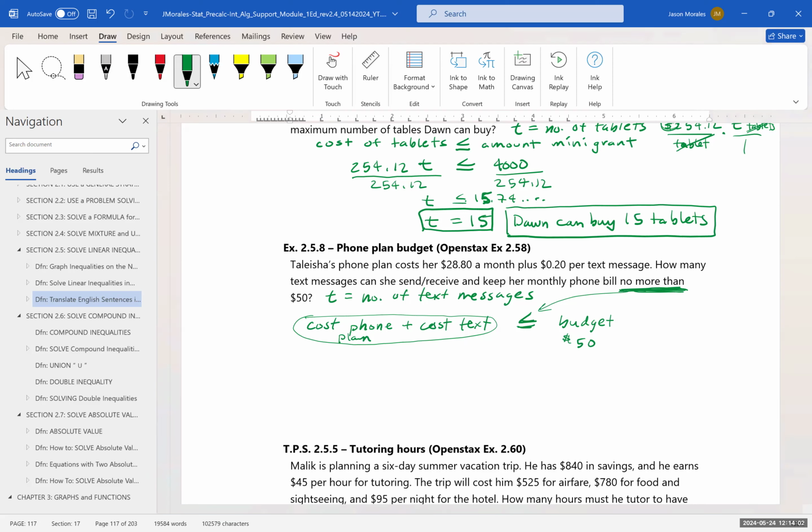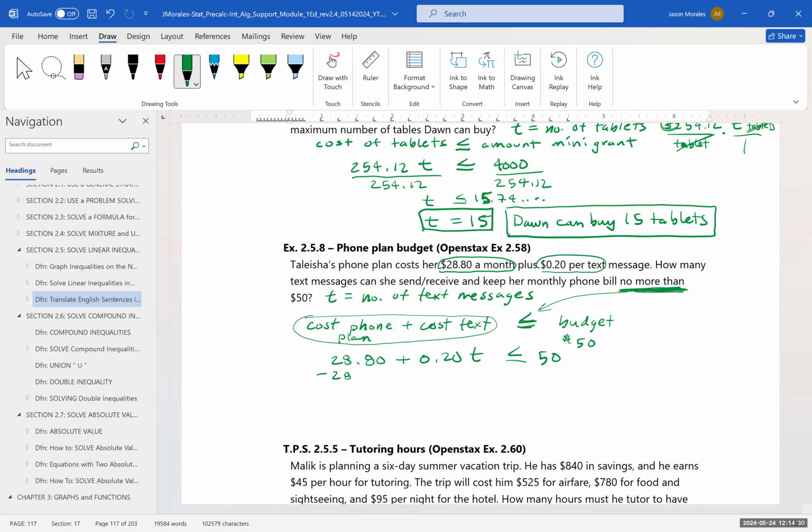So what was the cost of the phone plan? Well, it costs her $28.80 a month, so that's going to be $28.80 a month plus the cost of all the texts. It's 20 cents per text message, and that's going to be times the number of text messages. It's going to be less than or equal to 50.